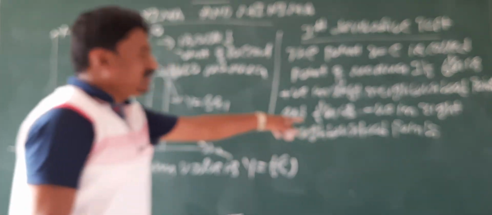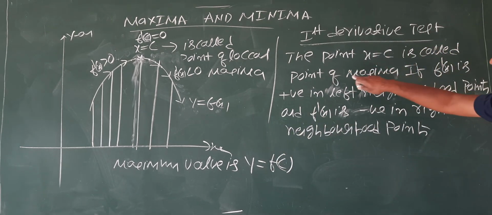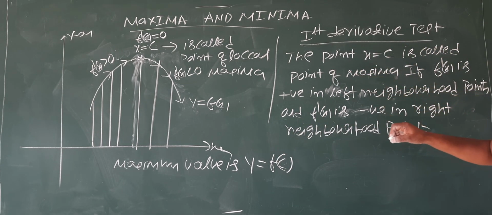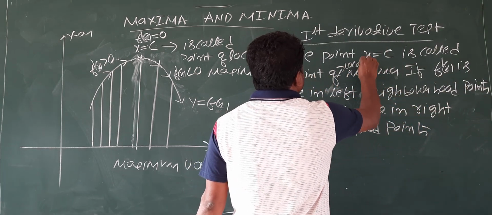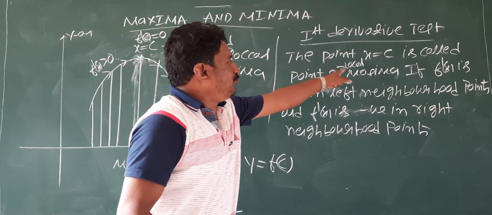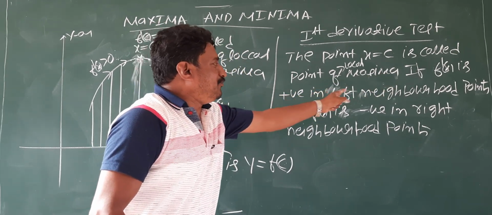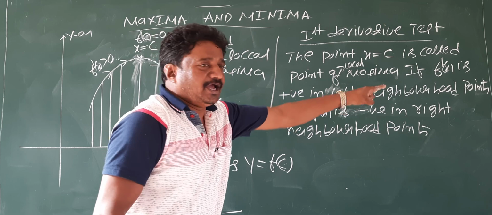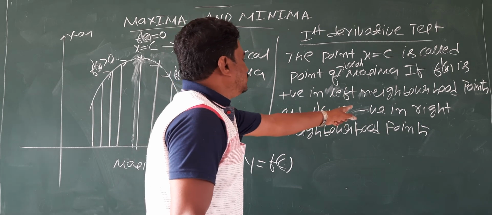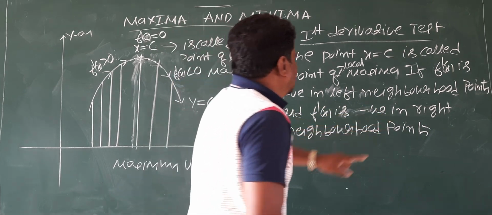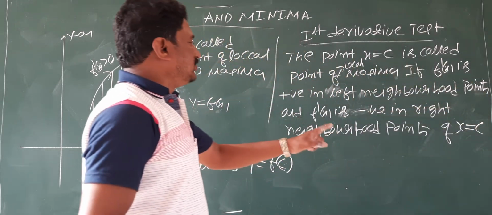In right neighborhood, it's correct, students. So when we say the point x is equal to c is a point of maxima or point of local maxima, you heard the word local. It is called a point of local maxima if f dash x is positive in left neighborhood points and f dash x is negative in right neighborhood points of the point x is equal to c.